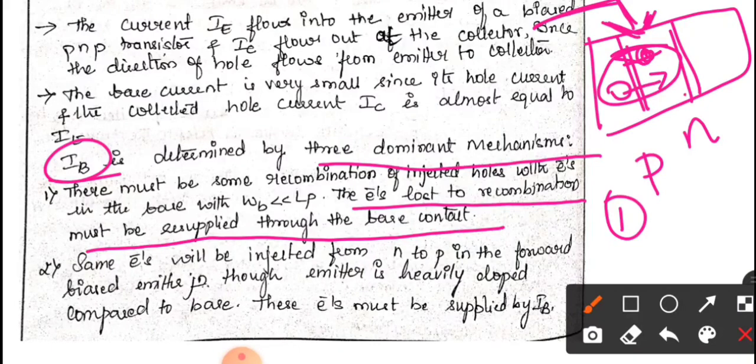Here some of the electrons will be emitted like this. These electrons must be supplied by IB. Okay, this is the second portion.